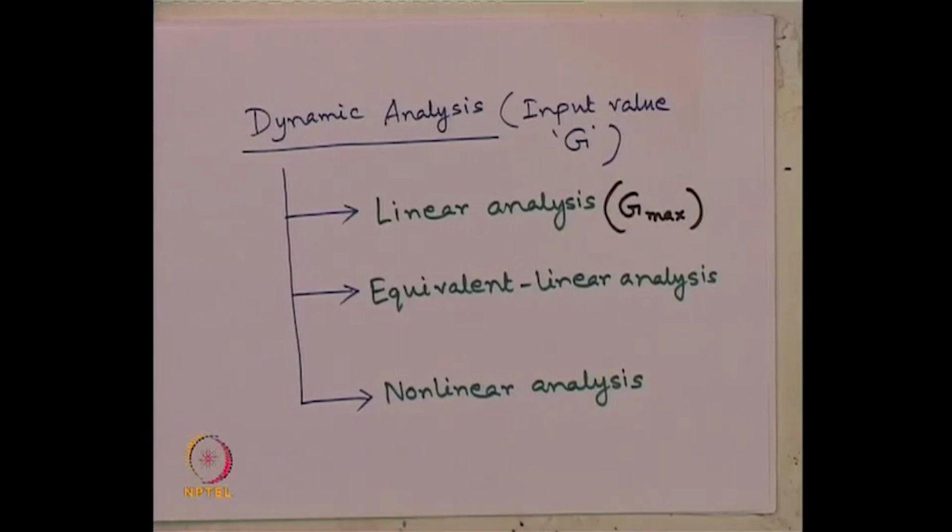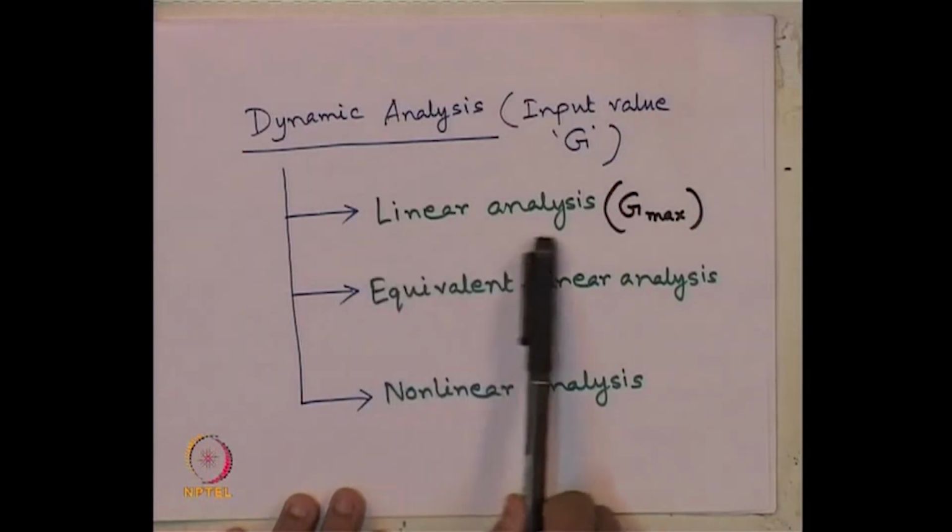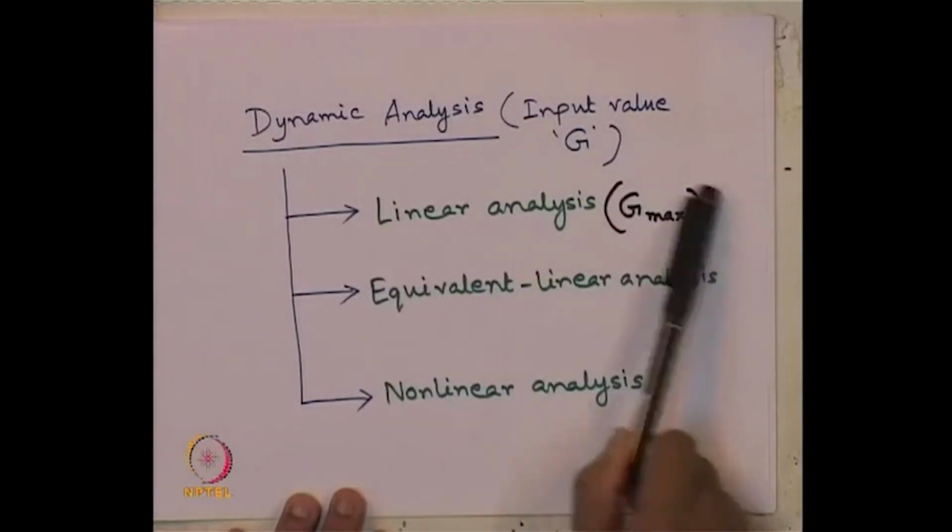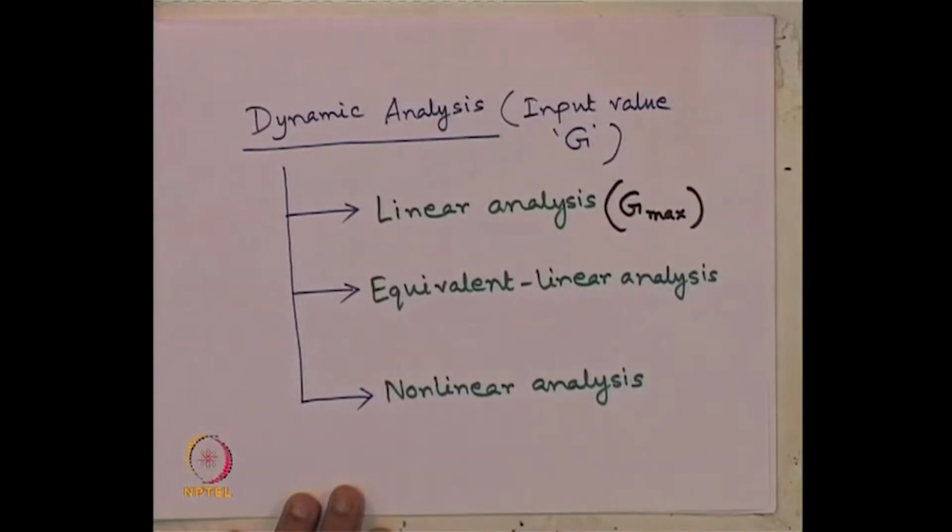But in reality, dynamic problems will not necessarily remain in the linear zone of the behavior of the soil material. It is not necessarily within the elastic zone. If it crosses its elastic boundary, then the logic behind the assumption of G max is not correct.